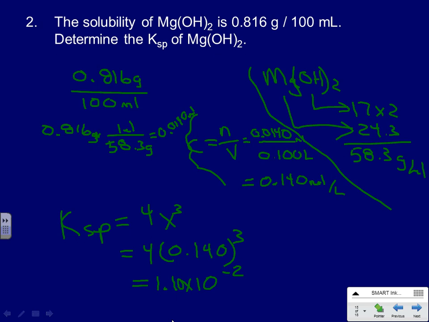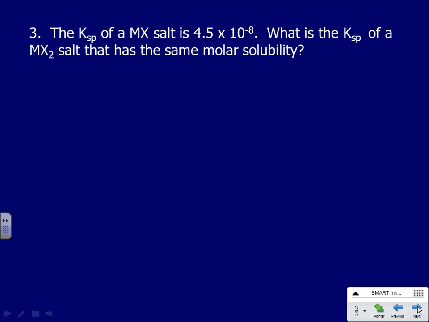So there's just converting from mass to moles. One last one here. So this kind of brings everything around again to comparing those Ksps.